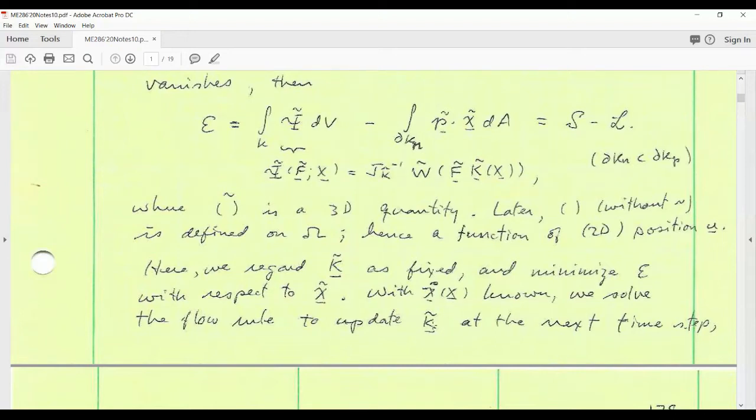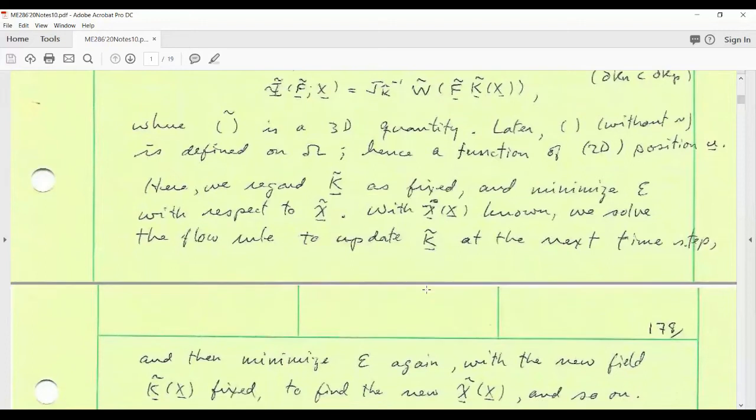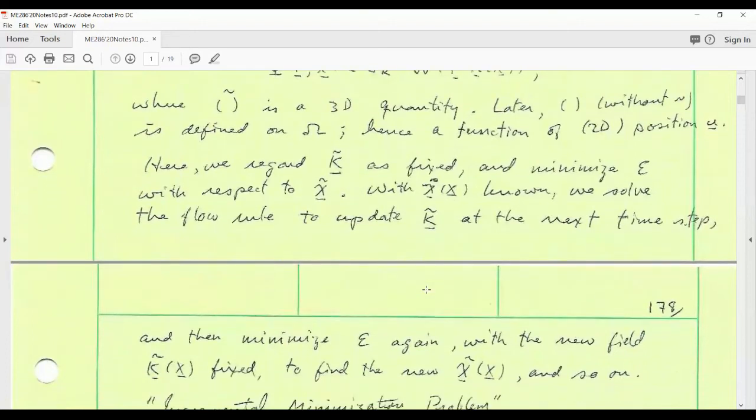Knowing that new value of the plastic deformation, we can freeze it and again minimize the energy to get the new value of the deformation and repeat the process as long as we want, right? As long as the plastic deformation continues to evolve.